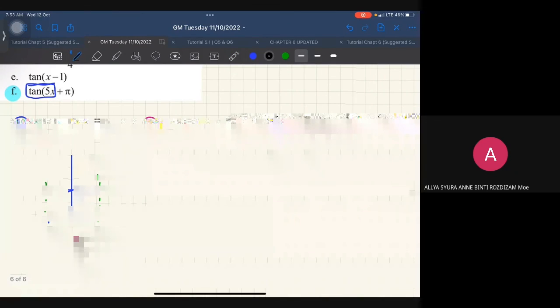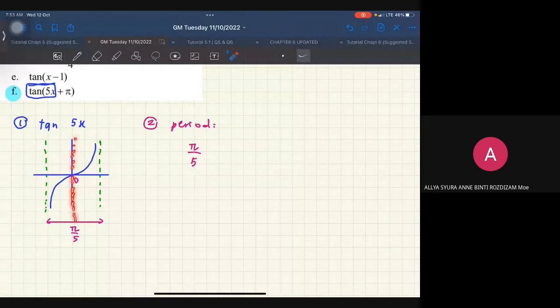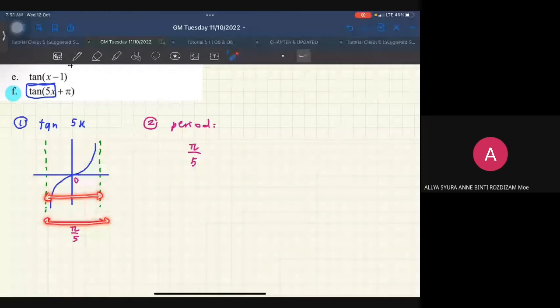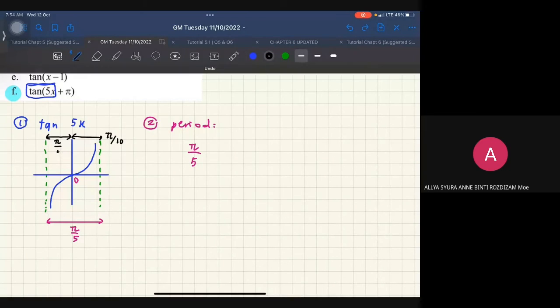So we know that this is its midpoint. Okay, so from here to the end here, from here to here is pi over 5. So divide by 2, you get pi over 10. It means from here to here is pi over 10. So going backwards from here is the same. So it is pi over 10 as well.